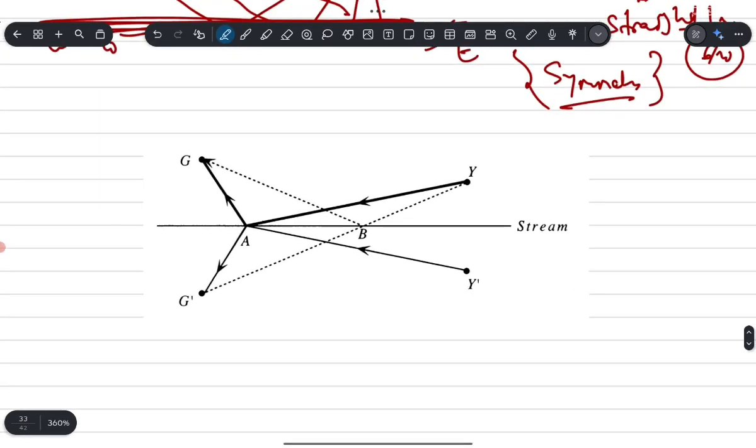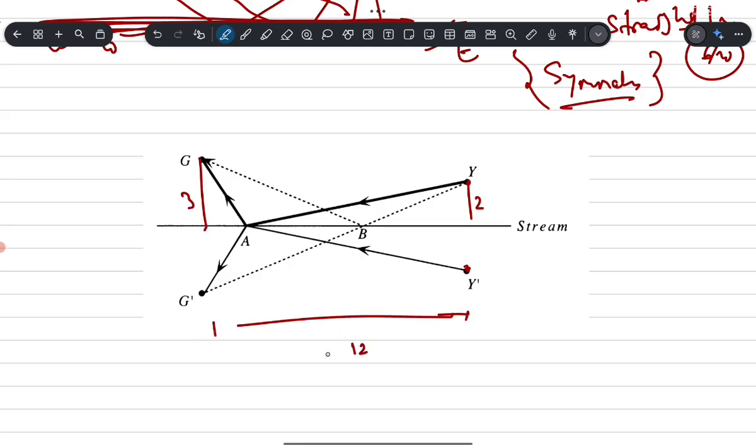So here you have the diagram. I've reflected myself. This y is my position. So I've reflected the whole situation across the stream. All right. This is 2 miles, as you know. This whole thing is 3 miles, and this is 12. Now, this path, let me just say that this is the shortest path.